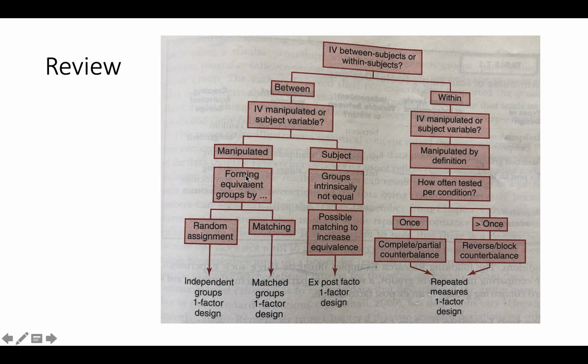And if it's manipulated, did we do random assignment or did we do matching? If it's a subject variable, what is it? If it's a within subjects design, how often was it manipulated and by whom, and so on? And then we wind up with these 4 particular kinds of designs, and this will inform our analyses.